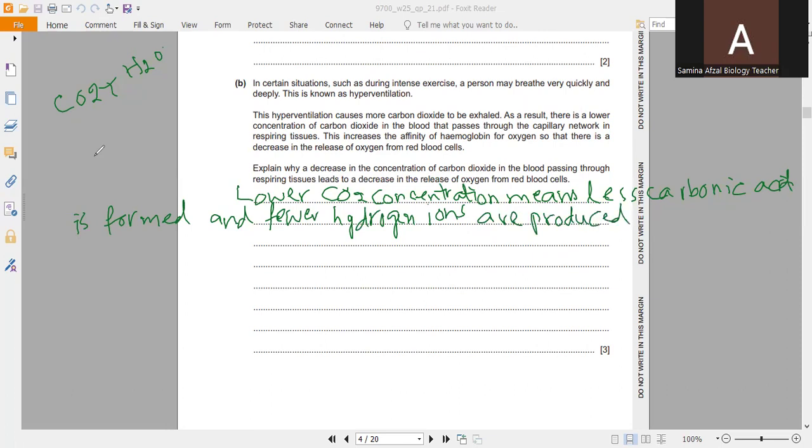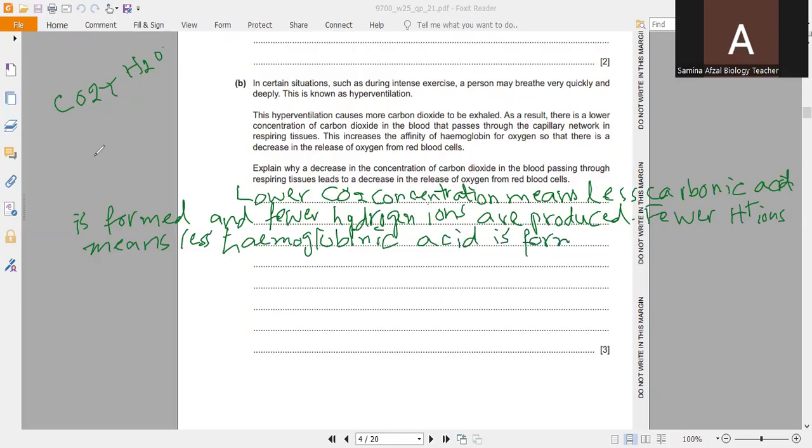Fewer hydrogen ions means less haemoglobinic acid is formed, which lowers the pH.